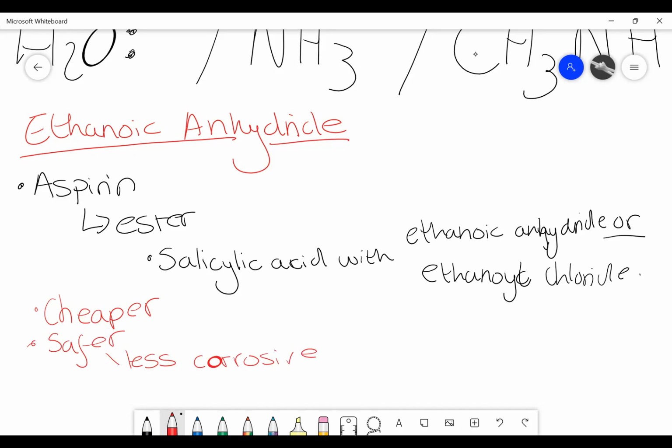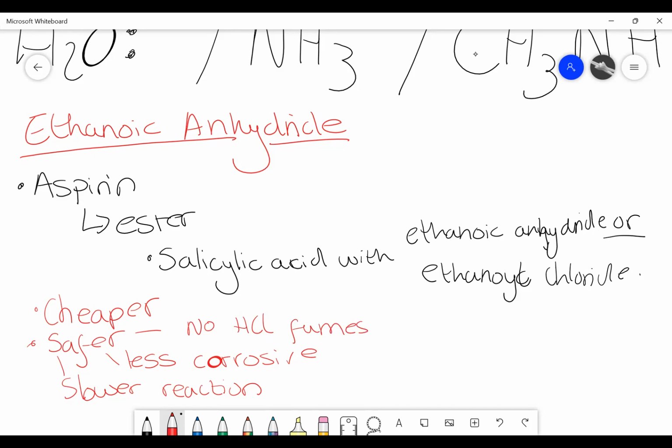It reacts more slowly, which makes sense because, like we said, acyl chlorides are almost identical to how acid anhydrides react, but acid anhydrides are less vigorous. And it also doesn't produce those dangerous hydrogen chloride fumes, so there are no HCl fumes being produced in this situation.